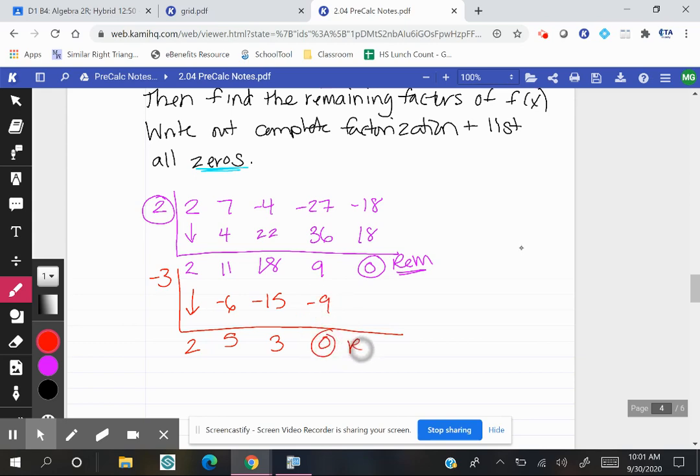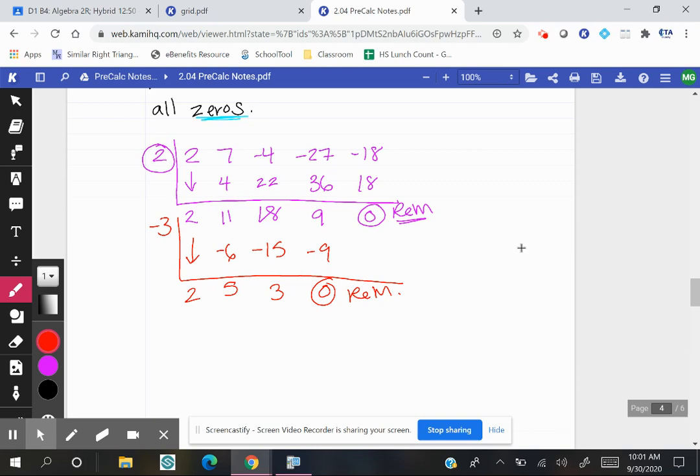Again, you should get a remainder of 0. Great news. Now we've just shown that both x minus 2 and x plus 3 are factors, because it asked us to show this, because they have a remainder of 0.